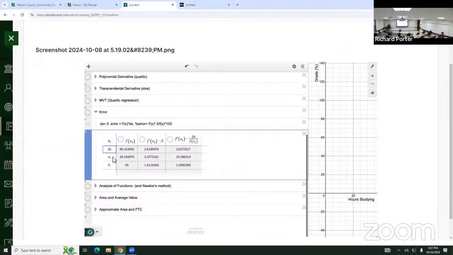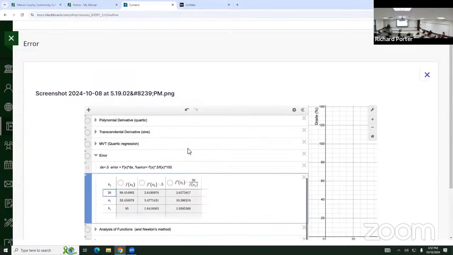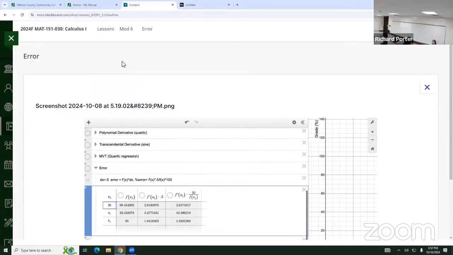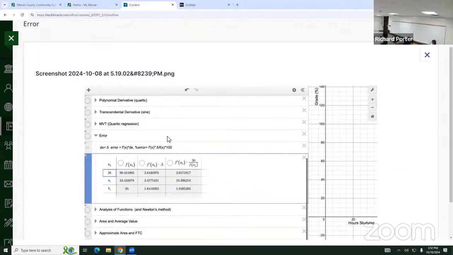Those are, so 26 hours, you get a 99 plus or minus 2.65, which represents about a 2% error. You could see it's about 2% error, because if you're going to get close to 100 and it's plus or minus 2.5%, then that's 2.5% error, right? That's a good example. But maybe tell us what A1 and B1 are in case you want to know them.